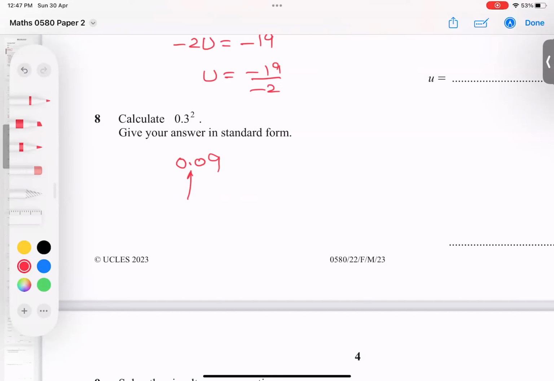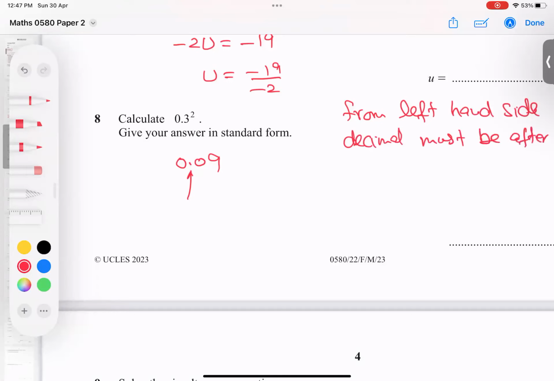According to the rule of standard form, from the left hand side, the decimal must be after the first non-zero digit. This is the rule for standard form. So is it 0? No. Is it non-zero? No. Is it non-zero? No. Is it non-zero? Yes. So the decimal must be here.